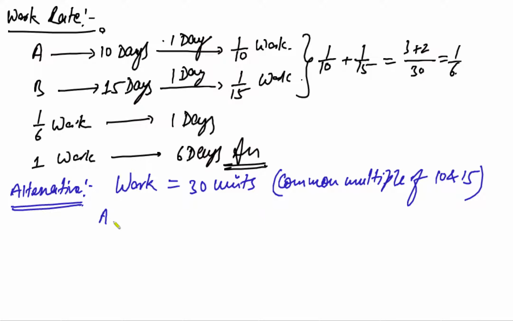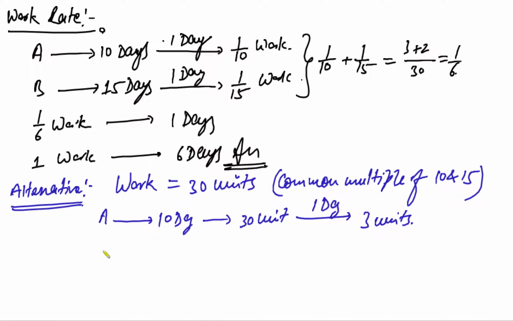So I assume, let's say that there are 30 work units in the entire work, which means I'm essentially assuming that A in 10 days is finishing 30 units of work. Then A in 1 day will finish how many units? 3 units.